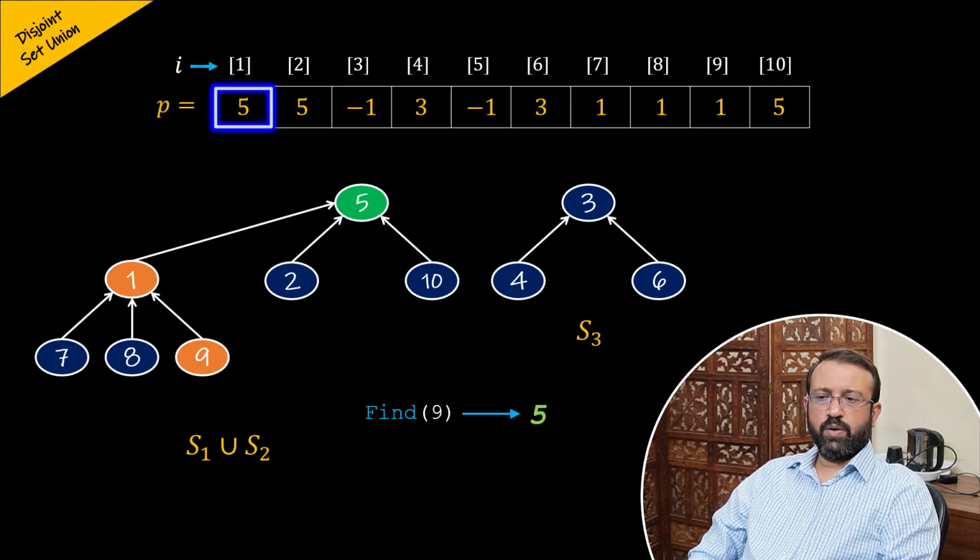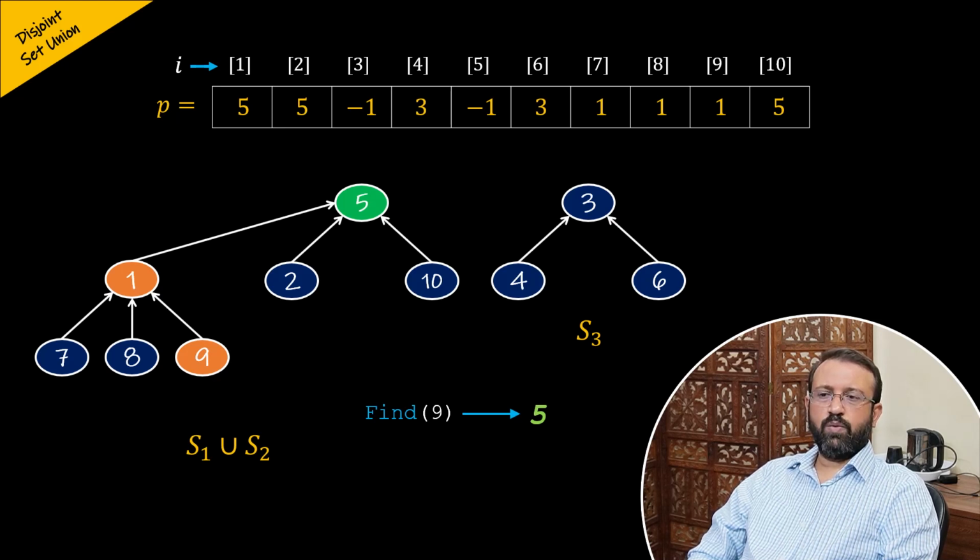Then, we will look at index 5. The value stored at index 5 is -1. So, we stop because -1 indicates that it's the root and return the index which stores the value -1, which in this case is 5. That means element 9 belongs to a disjoint set with element 5 as the root.